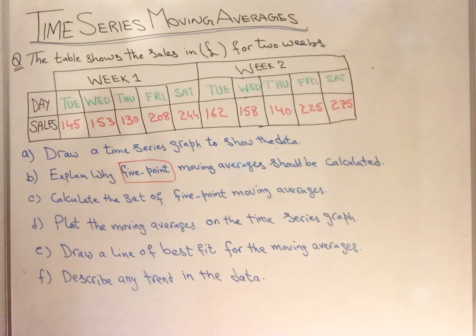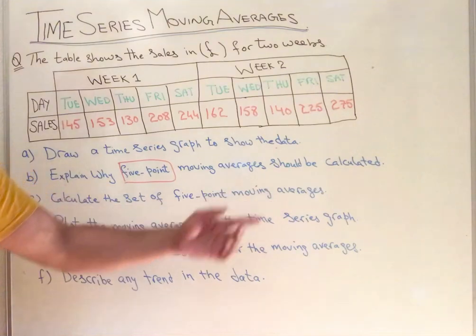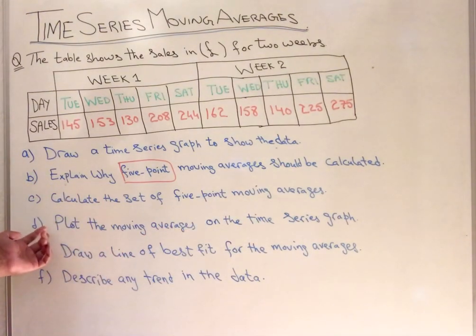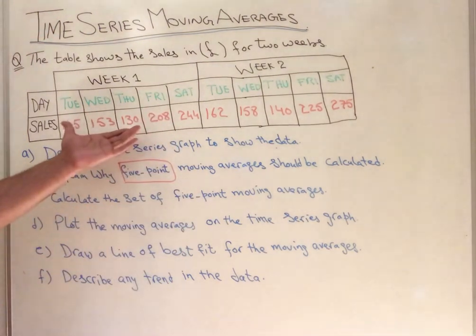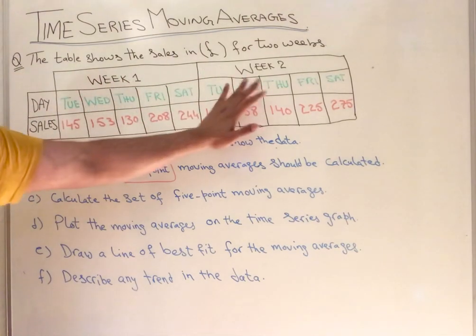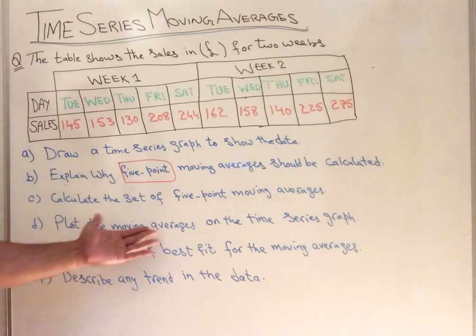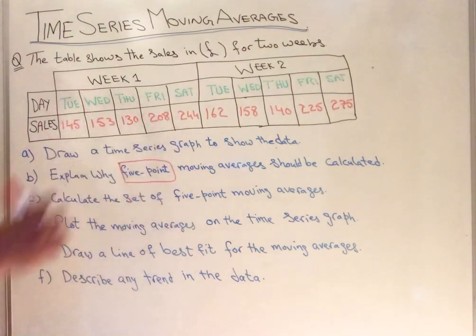Third, they are saying to calculate the set of 5-point moving averages. We need to find the moving averages for the set. Fourthly, we have to plot the moving averages on the time series graph. First we make the graph, and then whatever 5-point moving averages we have found, we have to plot those points on the graph also.